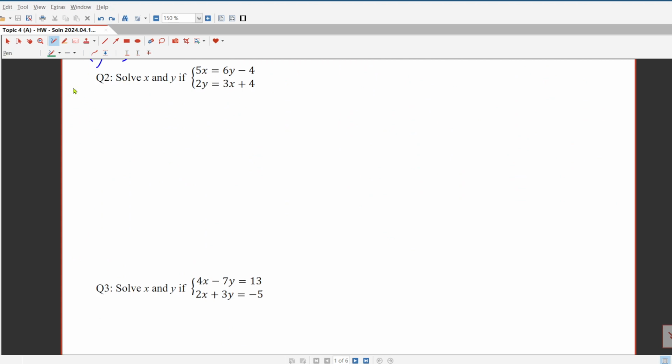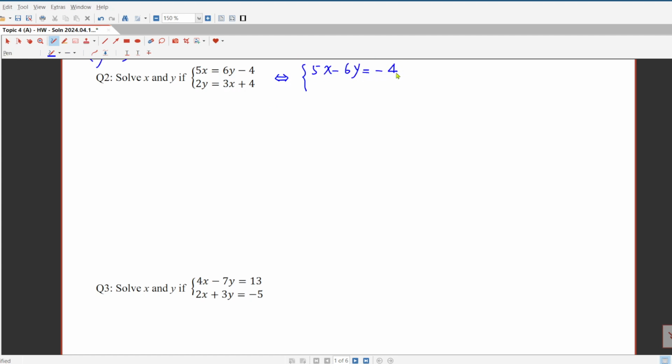Again, the method should be the same. First of all, let's reorganize this system of two linear equations. The original system is equivalent to, first of all, 5x minus 6y equals -4.